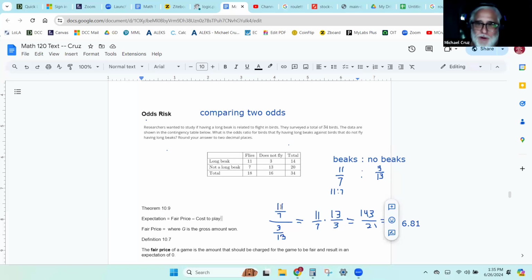So the numerator then is the beak group, which has more propensity for flying. I thought I read in the explanation that the beaks didn't make a difference, but that was the result. But anyway, I'm just worried about the math behind it. We're not getting into the philosophy of it because they don't have any questions like that in there. They do explain it, but it's always just the calculation that you have to do.